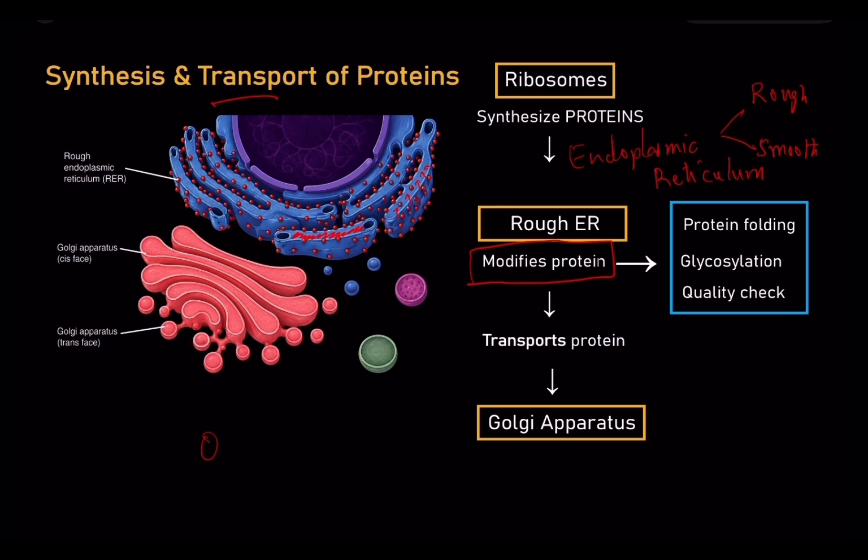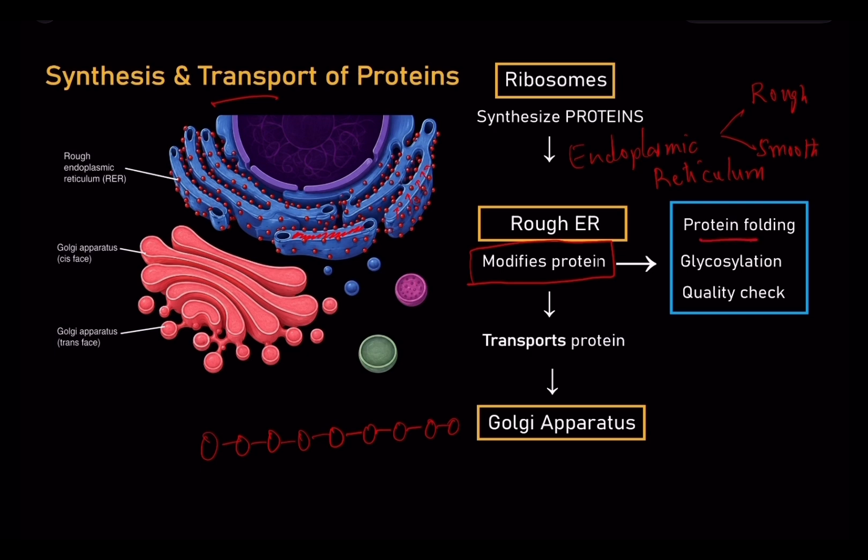Now, remember when amino acids were used to build the protein, we simply had a chain of amino acids, right? And a chain of amino acids is called a polypeptide chain. This protein is still not functional unless it gets folded into a particular three-dimensional shape. So this protein folding happens in the rough ER. That's one thing that happens.